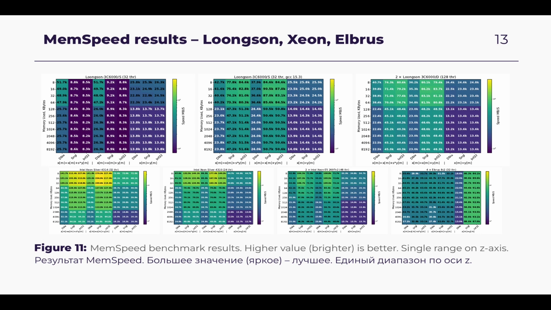This benchmark can show cache sizes. For example, if we look at the y-axis, the L1 cache for Loongson is 64 kilobytes. Then L2 cache, L3, and RAM. And also you can check caches for other processors. Next slide.